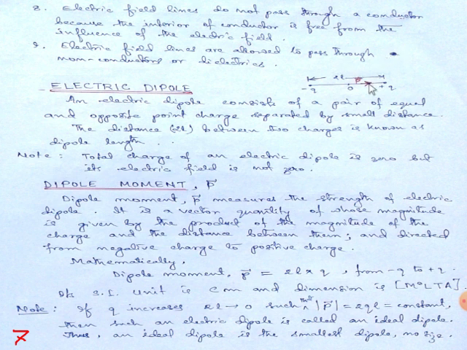Suppose you have a spherical metal conductor shell, then the electric field from outside will not penetrate through that conductor. That is the case where we can have electro shielding. I will give you one example.